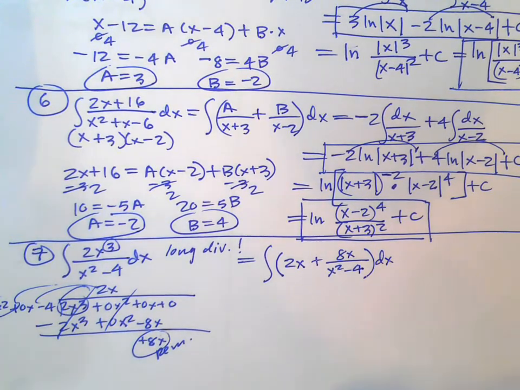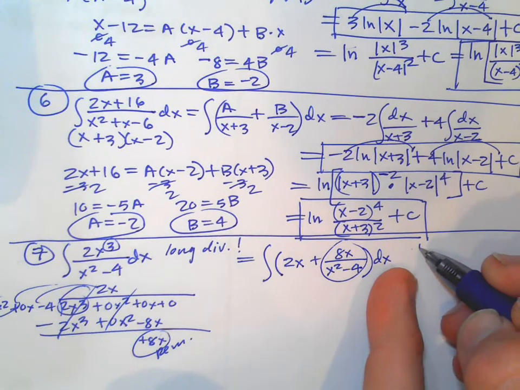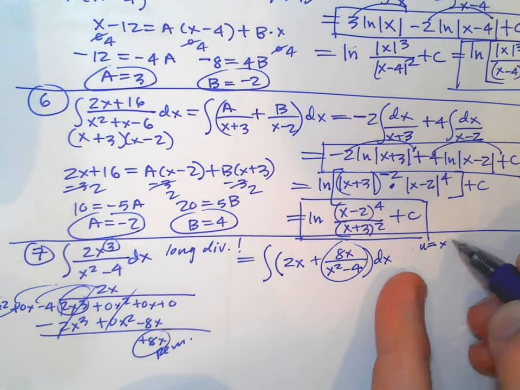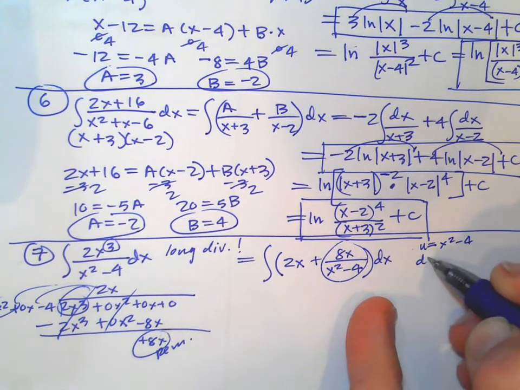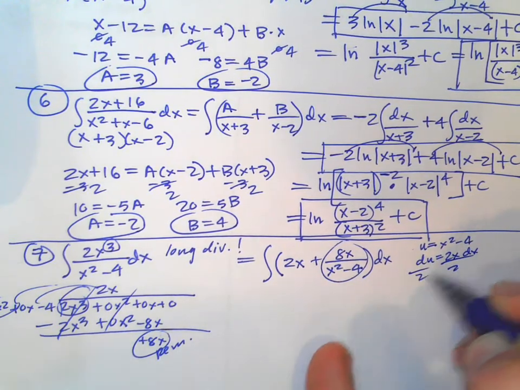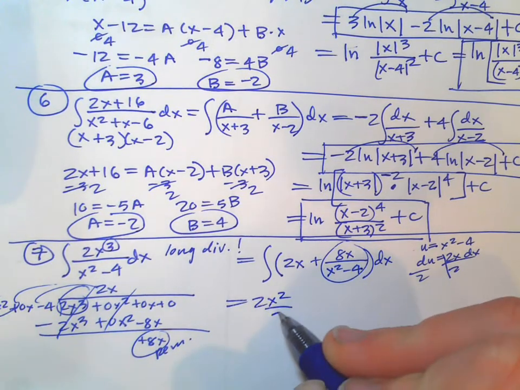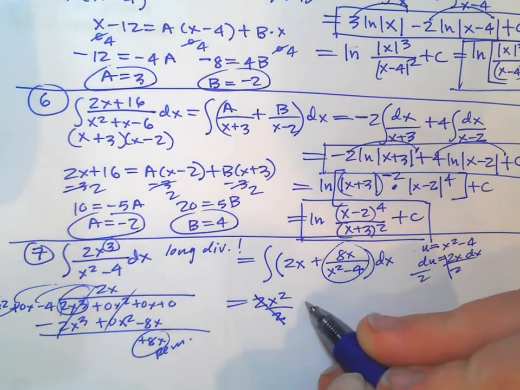Now at this point, I think we would use U-substitution for this part. U equals x squared minus 4, du equals 2x dx. We can get rid of the 2. So I would integrate the 2x on its own; that one doesn't need U-substitution.